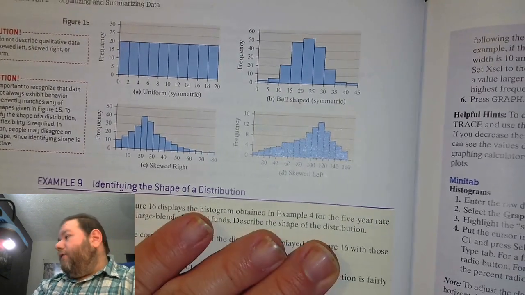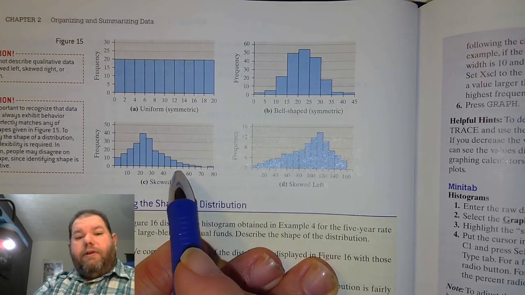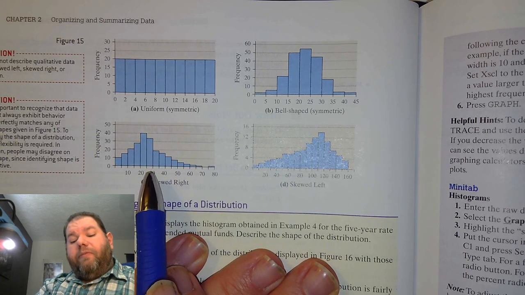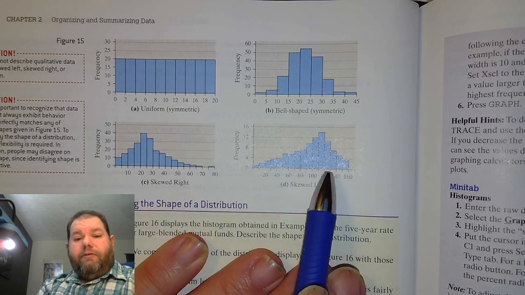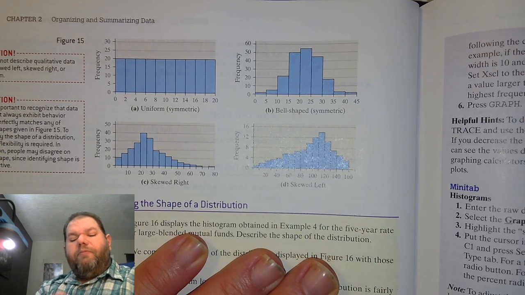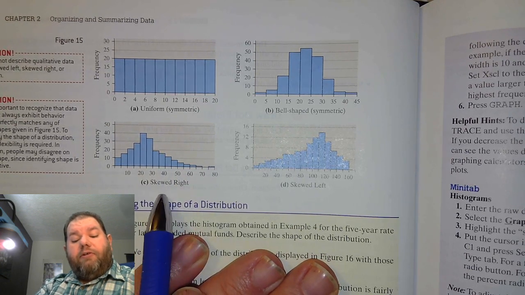We also have data that is skewed right. Now, we call this skewed right, and this one's skewed left. So we think of the middle, or the highest point, as actually on the left, even though we call it skewed right.